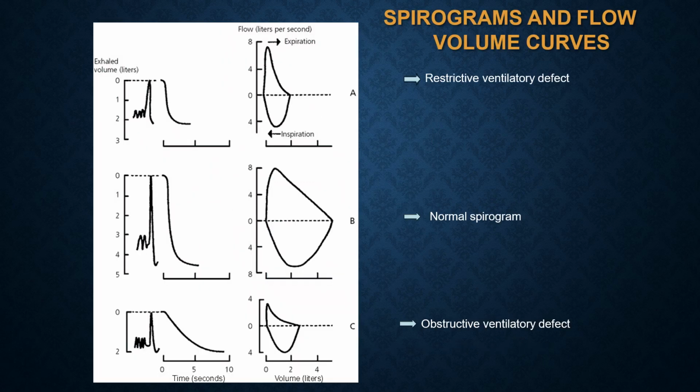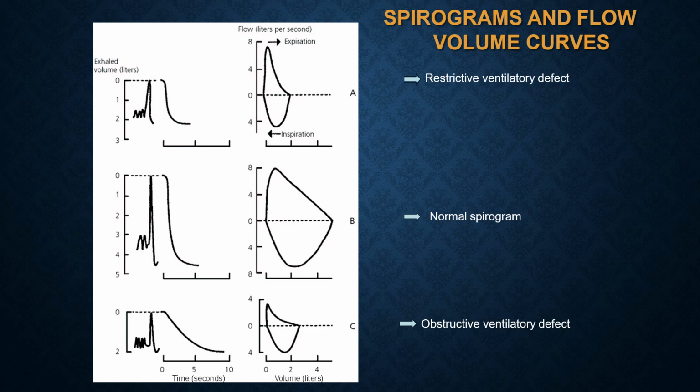So in this slide we will be seeing flow volume curves or spirograms of the different types, that is obstructive or restrictive ventilatory disorders. The middle picture shows the normal spirogram or normal flow volume curve. This is the expiratory and this is the inspiratory curve. The first one is the restrictive ventilatory defect. Here we can see the total lung capacity is decreased and the FEV1 by FVC ratio will be increased.